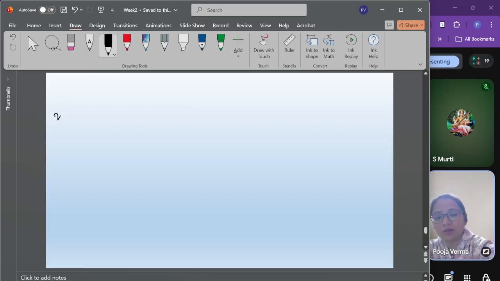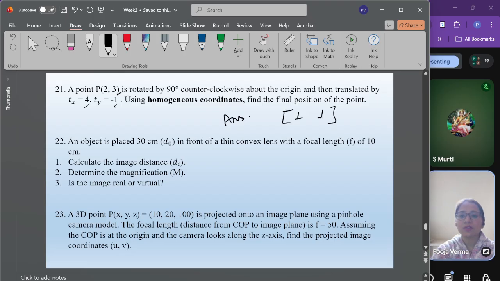Here, an object is placed 30 centimeter, that means object distance is given, 30 centimeter, and focal length is also given, that is 10 centimeter. Now we have to calculate the image distance, magnification, and also tell whether the image is real or virtual.